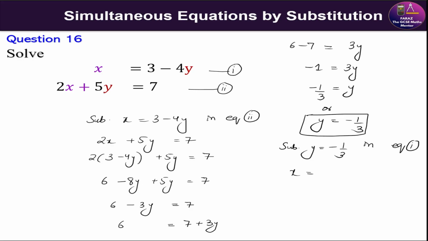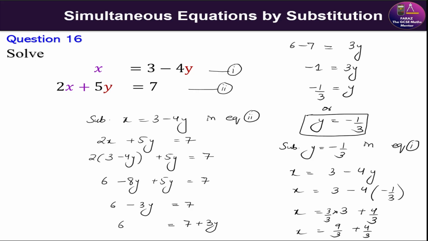So if you do that, x equals 3 minus 4y, it means that x equals 3 minus 4 into negative 1 over 3, and this will give you x equals 3, 4 times 1 is 4, negative times negative is positive, so 3 plus 4 over 3. Now to make the denominator the same, you have to multiply this one by 3 over 3, so this will give you x equals 9 over 3 plus 4 over 3.